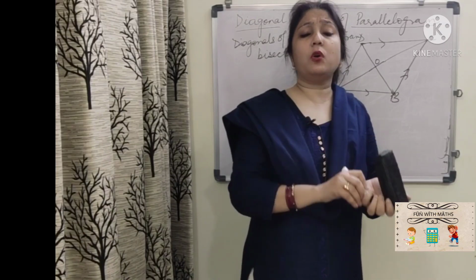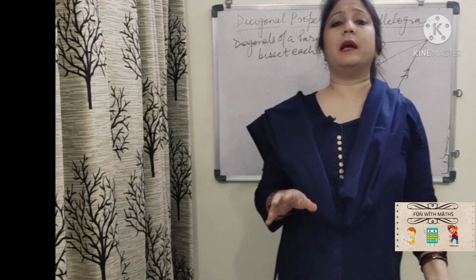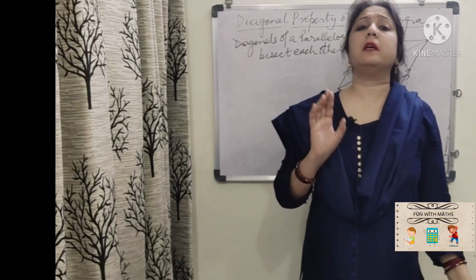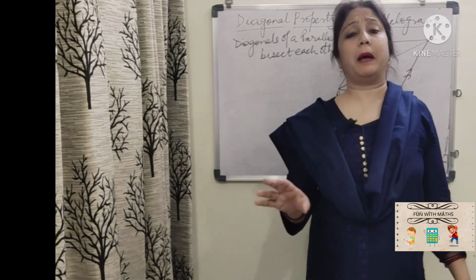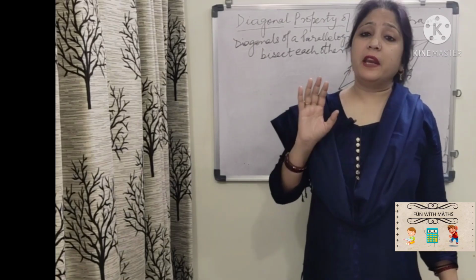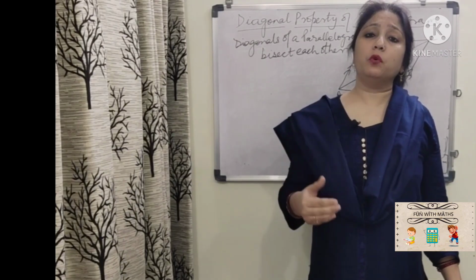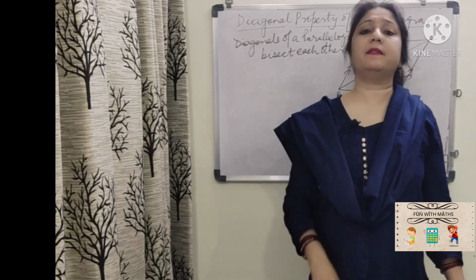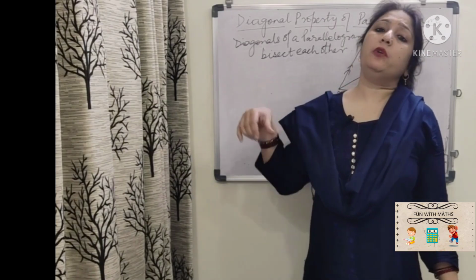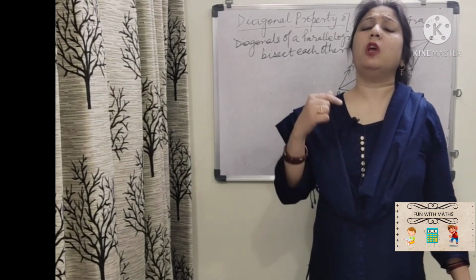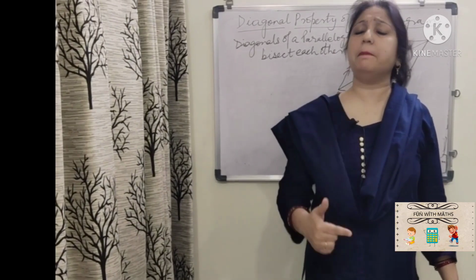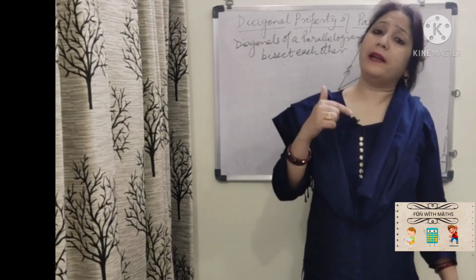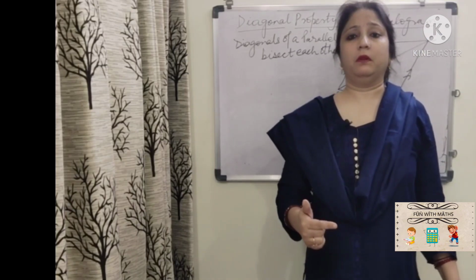Children, it is not only in parallelogram, the same method you will use throughout the topic of parallelogram whenever you have to prove diagonals bisect each other. You will use the same method, means you will choose the triangle in the two triangles in the same manner and write the same steps.